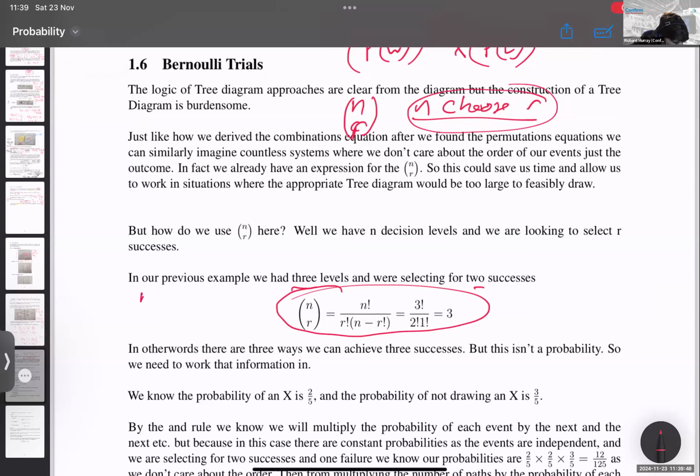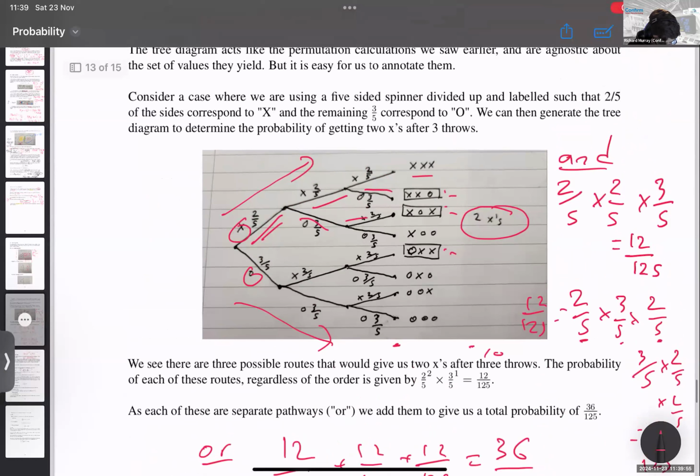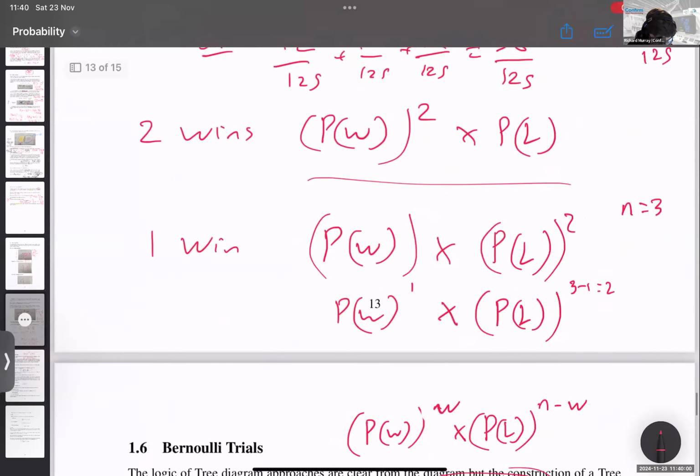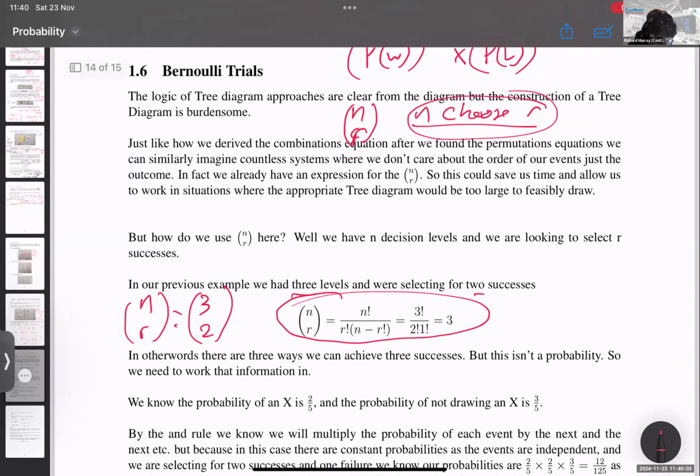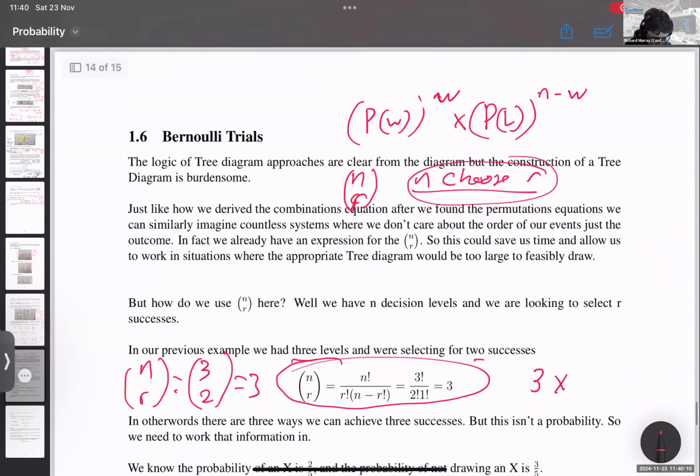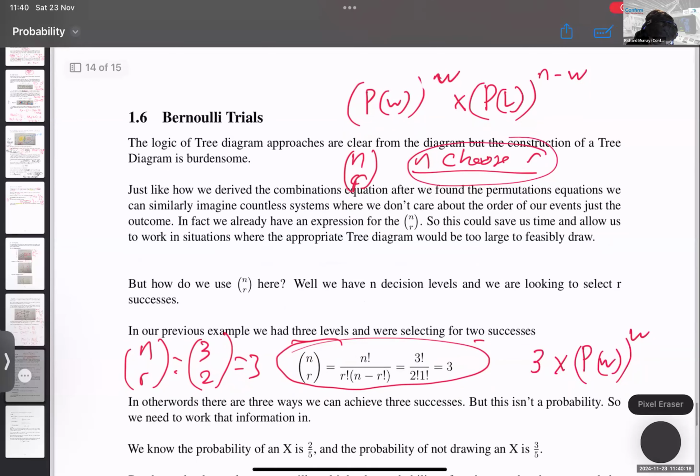So it's going to be 3 choose 2. We're looking for 2 successes, but we don't care about the order. So 3 choose 2 gives us 3. And that's going to be 3 times our probability value, which we've already calculated: the probability of a win to the power of the number of times we have it, which in this case is 2, times the probability of a loss.